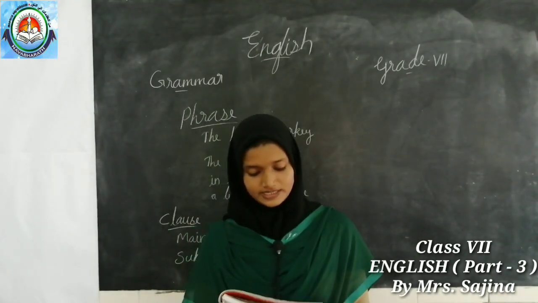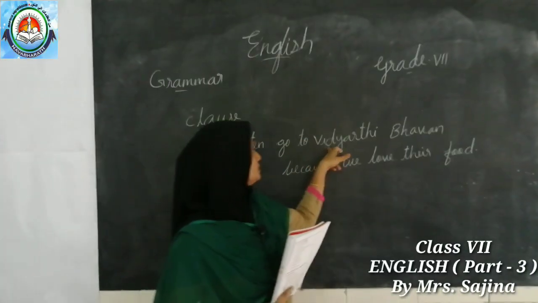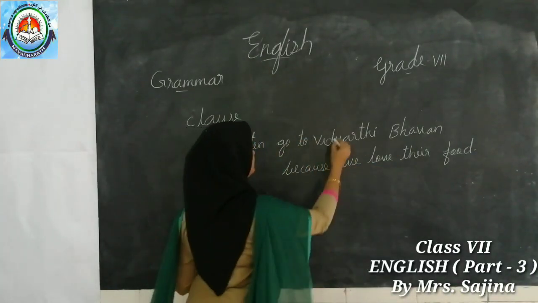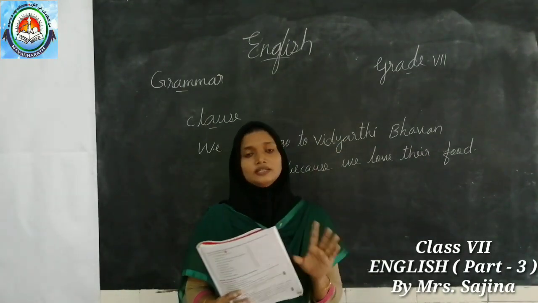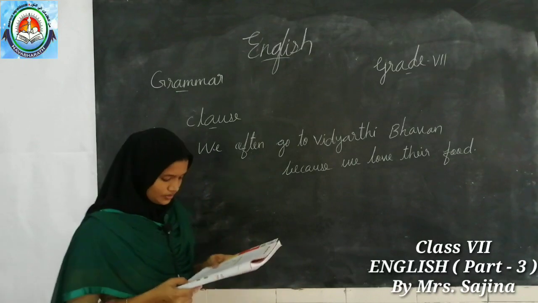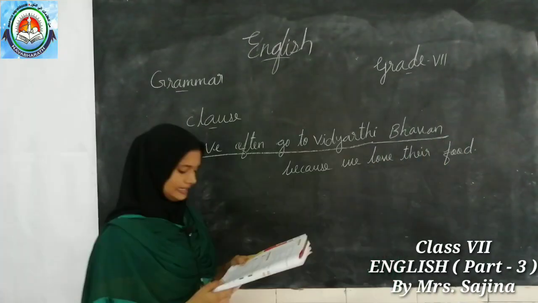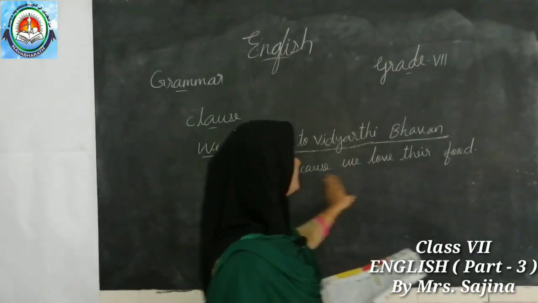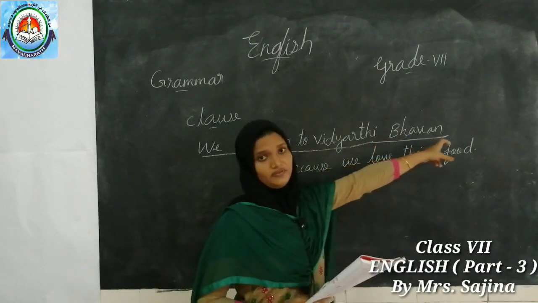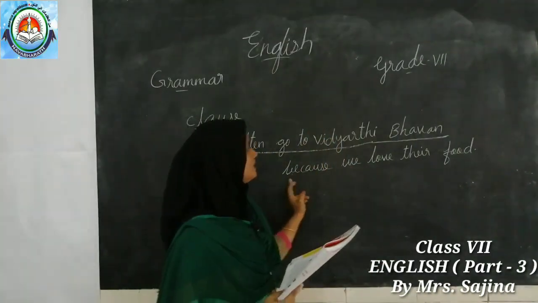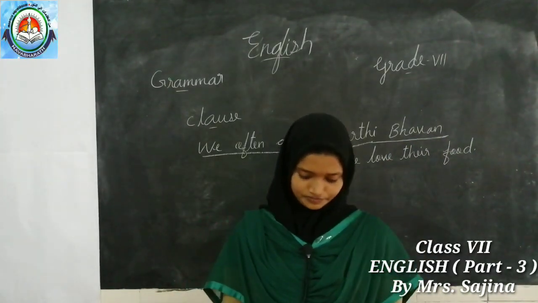We can divide this sentence into two parts: we often go to Vidyarthi Bhavan, and because we love their food. We often go to Vidyarthi Bhavan is the main clause and because we love their food is the subordinate clause.